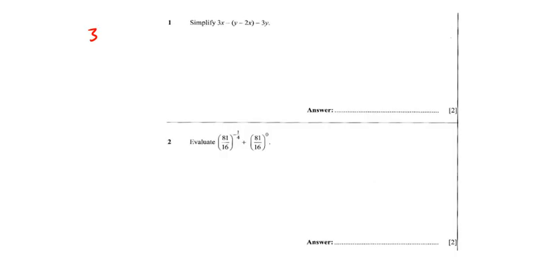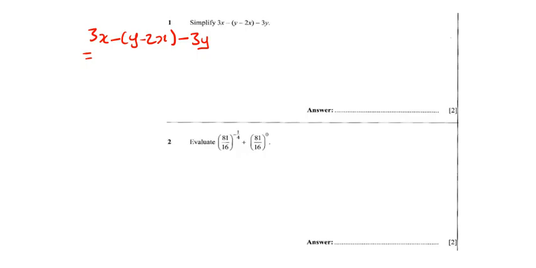Question 1 is saying simplify 3x minus open bracket y minus 2x close bracket minus 3y. This is just a simple question, guys. The first step, you have to write the question itself, which is 3x minus open bracket y minus 2x close bracket minus 3y, and then you say equal to.